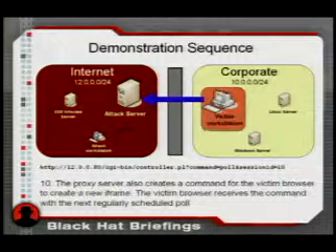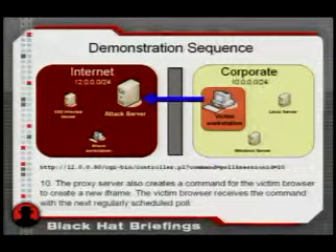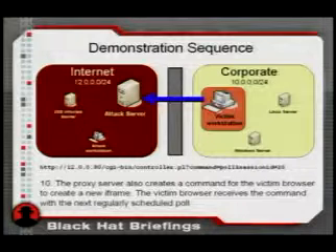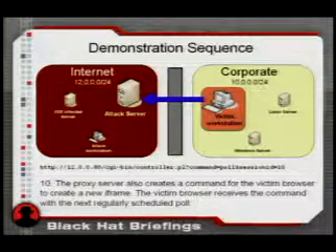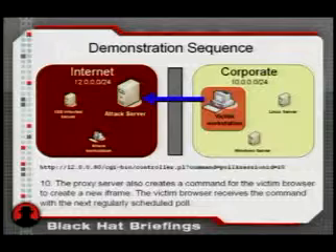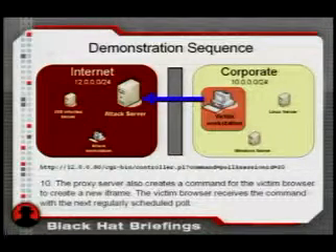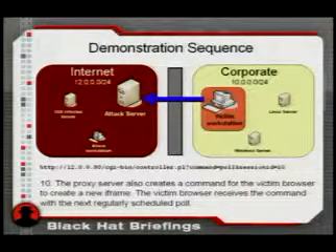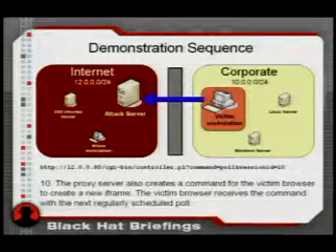It also creates a command for the victim browser to create a new iframe, and the iframe source points at this random host name, and the controller script asking for a new iframe attack payload, basically the client-side piece of the DNS switch.